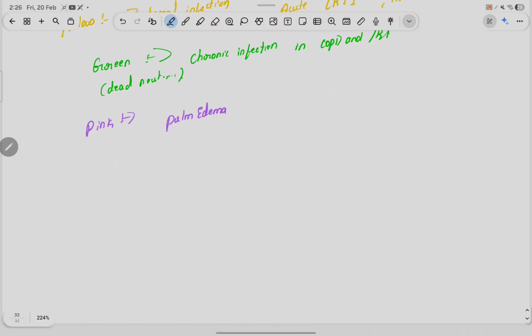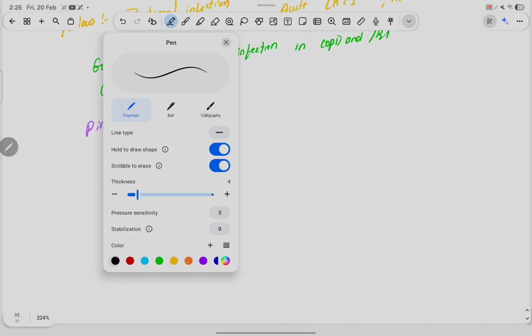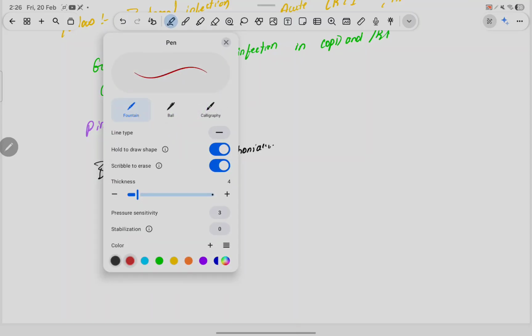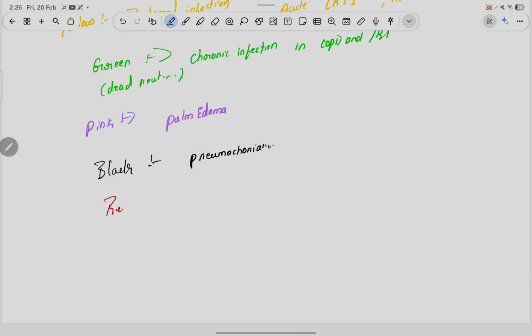If it is black, then you could go with pneumoconiosis. If you see rusty red, then you could go with pneumococcal pneumonia.